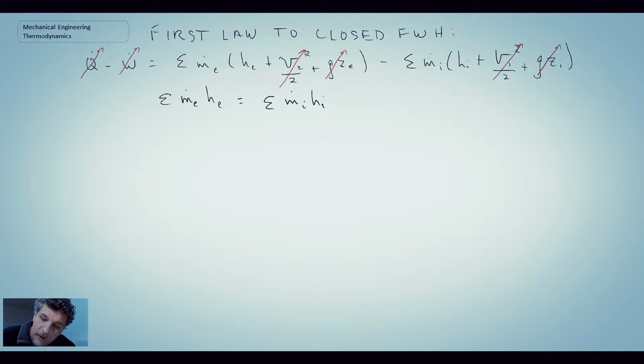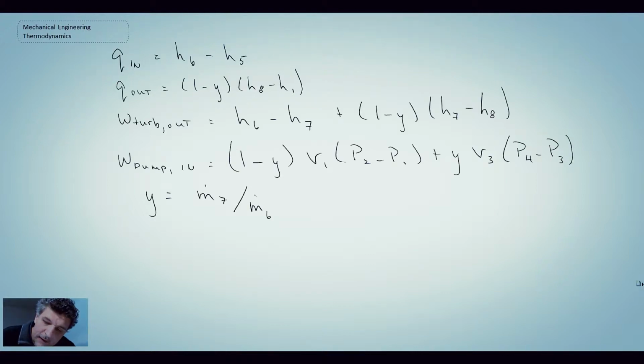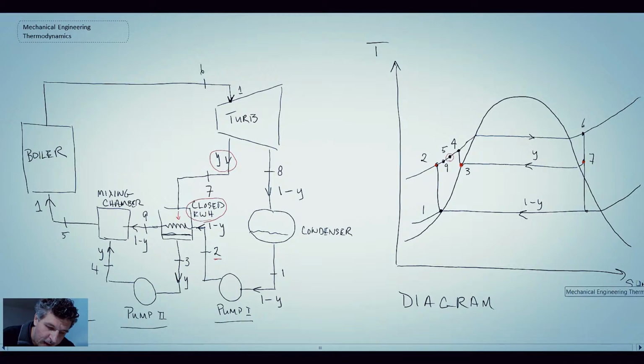So for the feed water heater, let's go back here and take a look at our schematic. This was what we were looking at, and we had the enthalpy coming in, so we were at state 2, and we also had fluid coming in at state 7, and then it was exiting at state 3 and state 9.